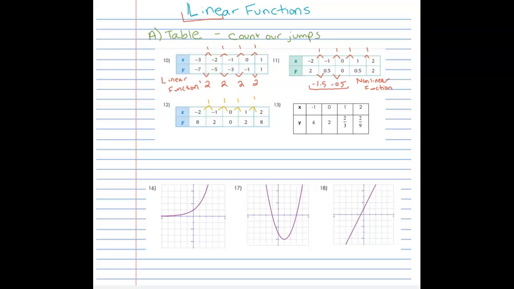On the bottom, however, again, it needs to be the same number. 8 to 2, looks like we are going down 6. 2 to 0, looks like we're going down 2. Is this a linear function or a non-linear function? A question is going to come up. I'm going to need you to answer that.